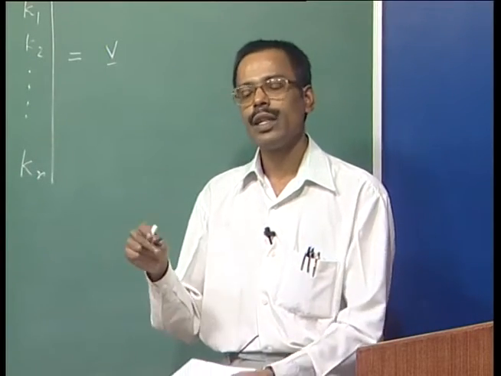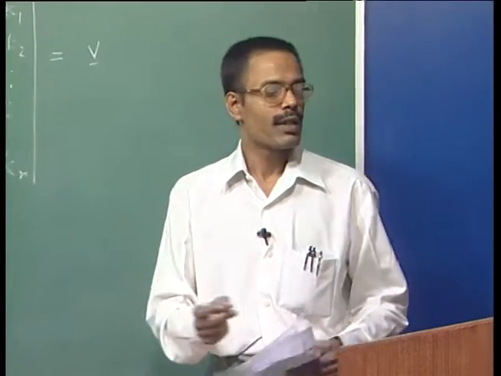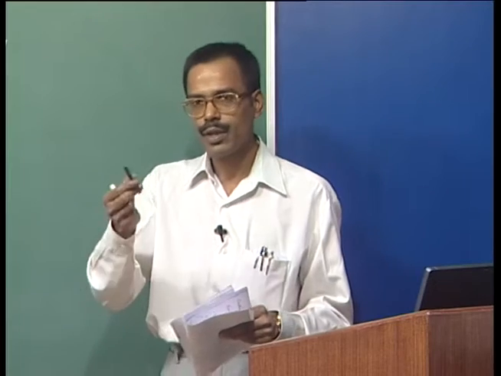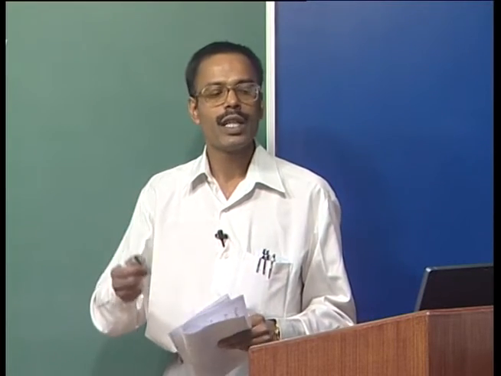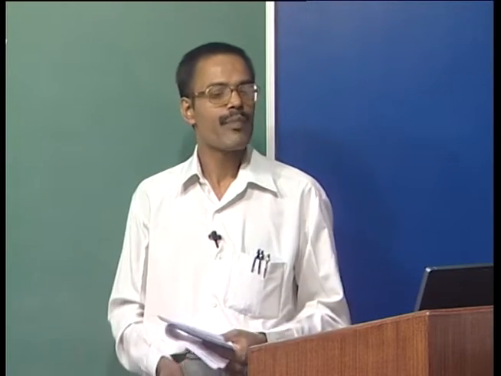If we can, then whichever vectors are not required, we throw them out. That is the meaning of the word minimal here. And then we need an ordering among them: this is our first basis member, this is our second, this is our third, and so on. What remains gives us the basis of a vector space.